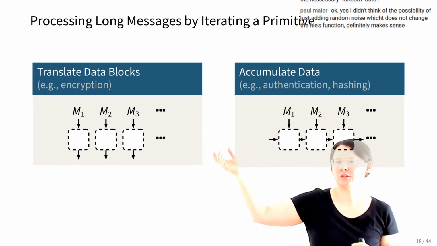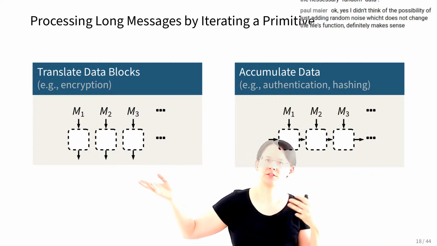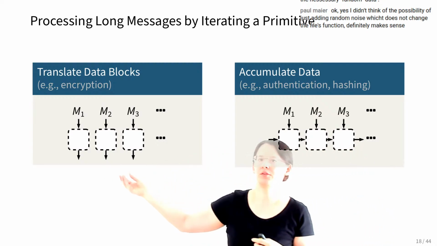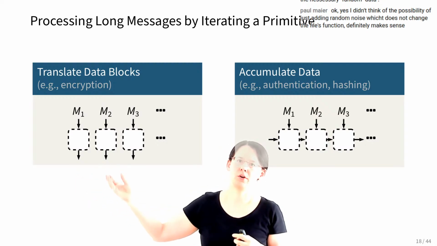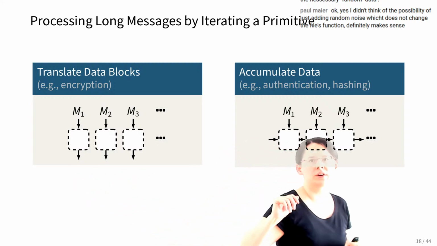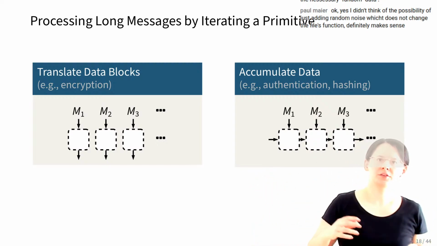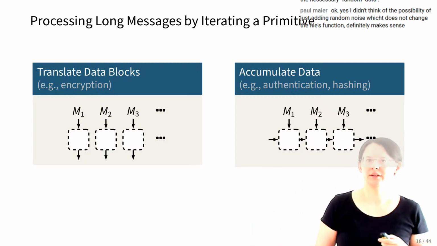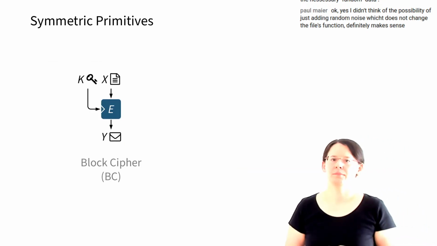These building blocks are called primitives, and we need to iterate them in order to process all parts of our message. So for example, to translate the message block by block, or to accumulate information from successive blocks in order to combine them into one hash value. And there are quite a number of primitives that we use in cryptography.